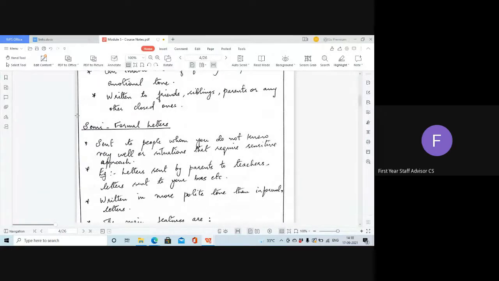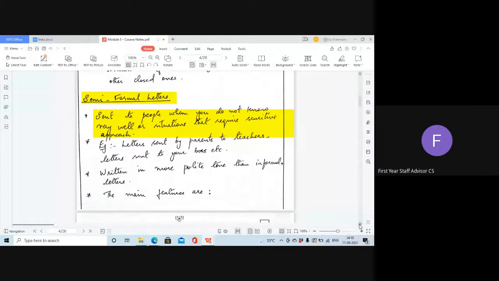And semi-formal letters are another form which stands between formal and informal letters. Now it is sent to people whom you do not know very well or in situations that require sensitive approaches. Most commonly, we come across formal and informal letters, and in rare cases, we come across semi-formal letters also. An example is the letters sent by parents to teachers.